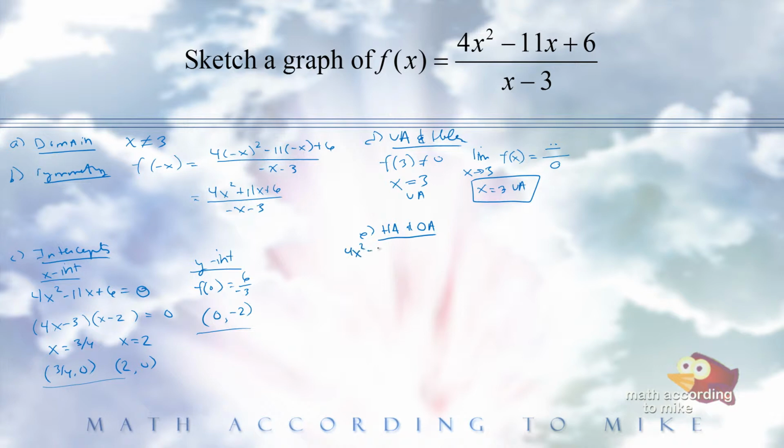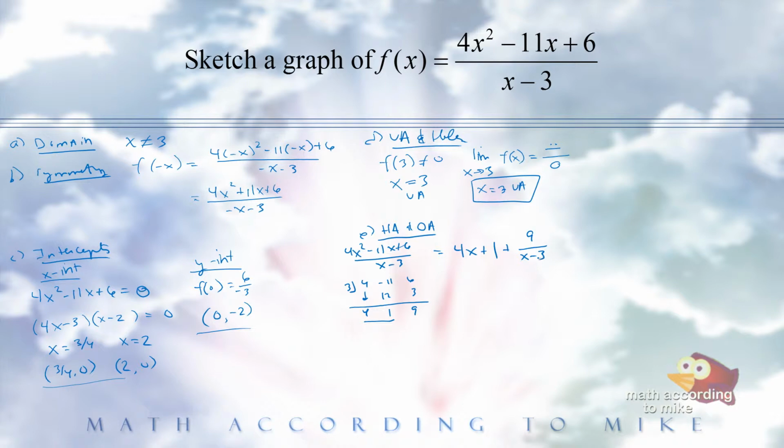So 4x squared minus 11x plus 6 over x minus 3, if we rewrote this using synthetic division, would be the same thing as 4x plus 1, plus 9 over x minus 3.